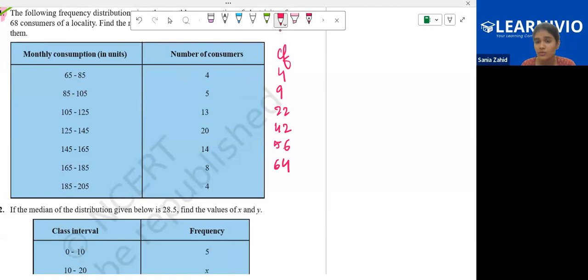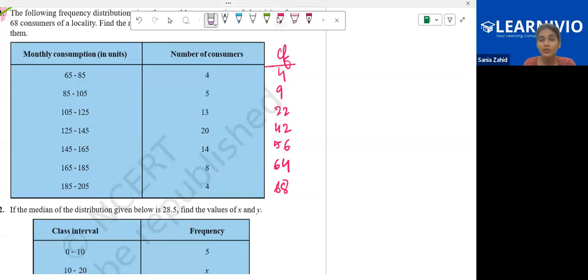How? 64 plus 4 you will do, right? So how come you got 74? What will you get, Umer? Tell me the correct answer. 68. Why did you write 74? Again, you added the same number.